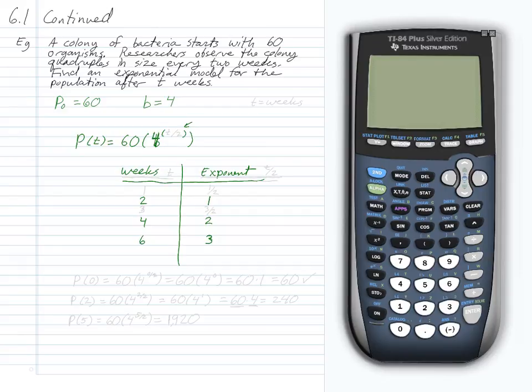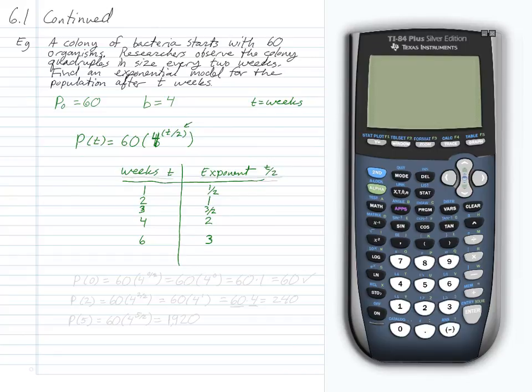Well, the exponent is going to be half the number of weeks. So if t represents the number of weeks, then our exponent should be t over 2. Right? After 1 week, our exponent should be a half. After 3 weeks, our exponent should be 3 halves. And if this is t, then this is t over 2.